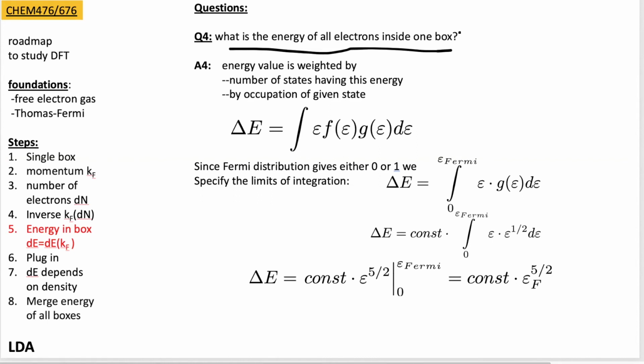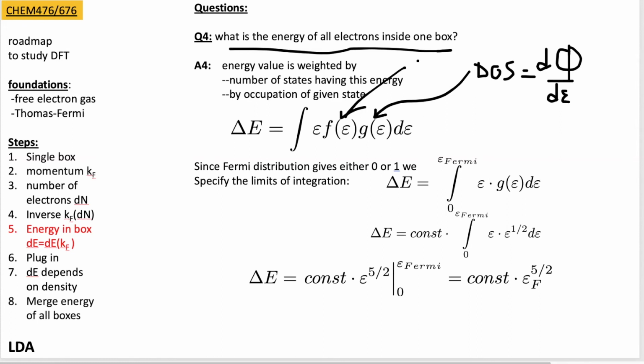So if I speak in the language of distributions, I need to multiply this density of states, DOS, which we know is the square root of energy, then times the Fermi distribution, which is either 0 or 1 depending on energy, times energy, right? Standard way. I multiply distribution times value times observable.